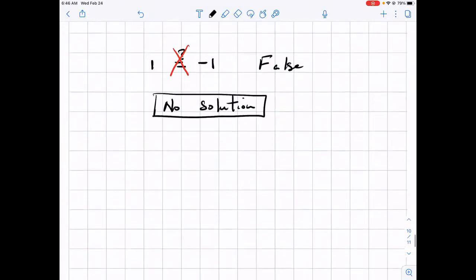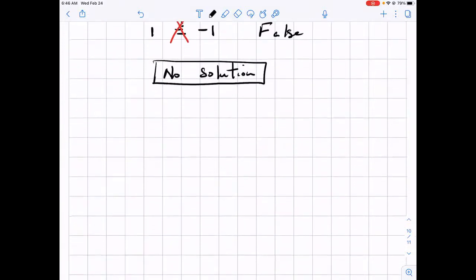Let's look at another example. Let's try to solve the square root of x plus 1 equals 1 minus the square root of 2x.